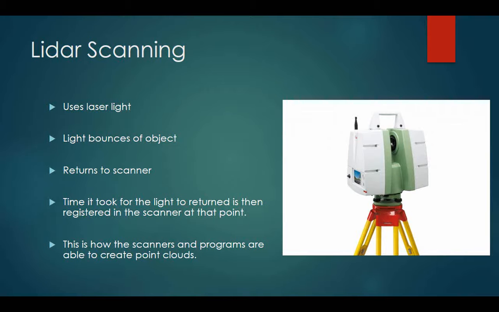Because the speed of light is constant, the scanner can use the amount of time to collect that data and put it into its own form, to create images based on point clouds from the time the light takes to return.